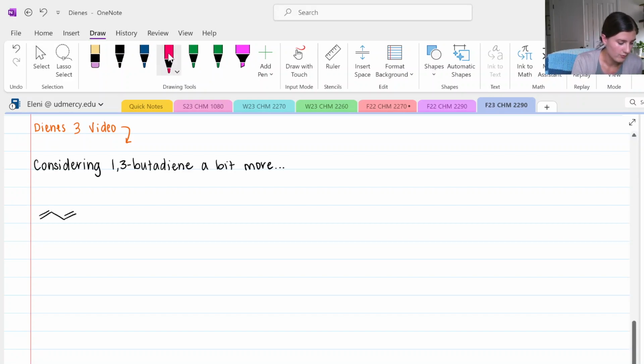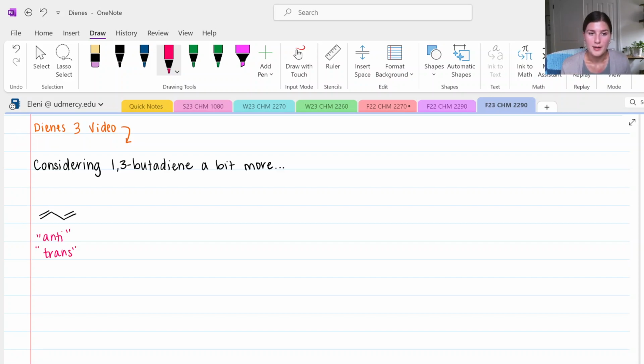And this we can refer to as the anti or the trans version, where the double bonds are on different sides of that single bond in the center.